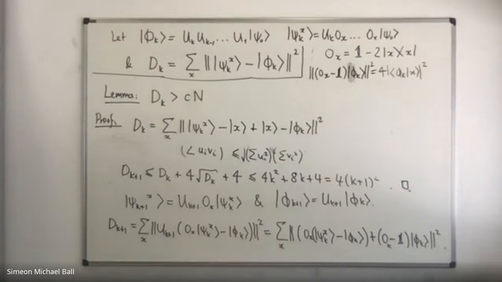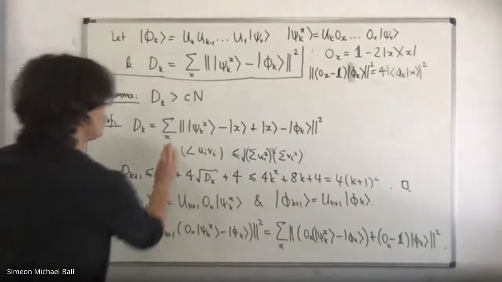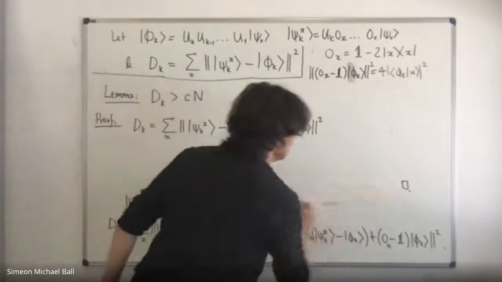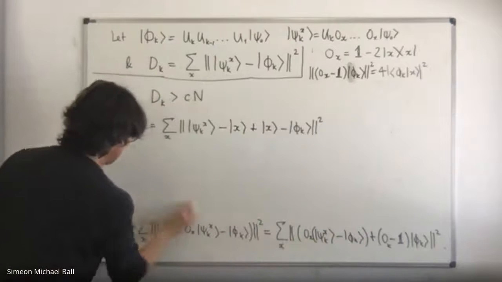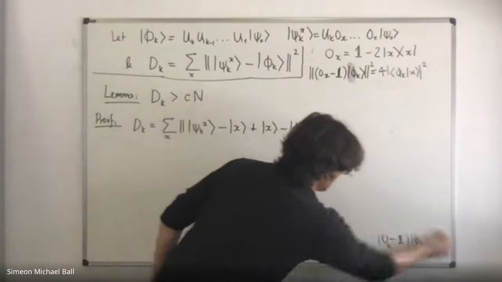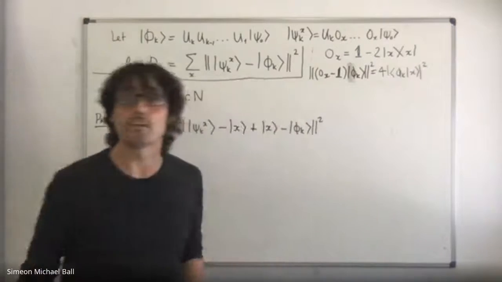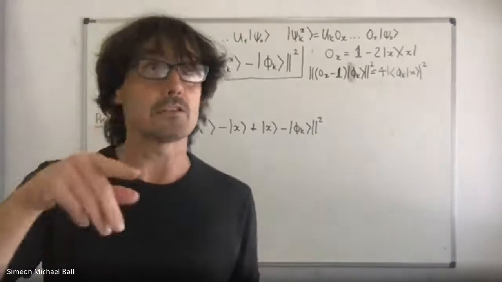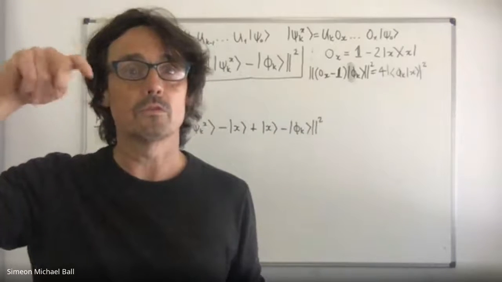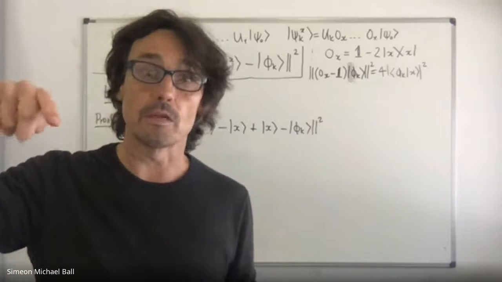Now, we proved before that when we expanded this for the upper bound, we used the fact that the norm of u plus v squared was equivalent to the norm of u squared plus twice the norm of u and v plus the norm of v squared.